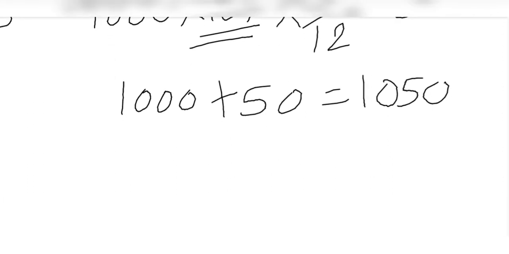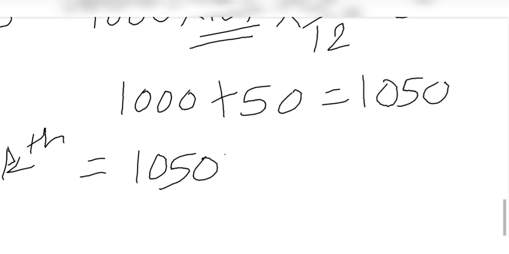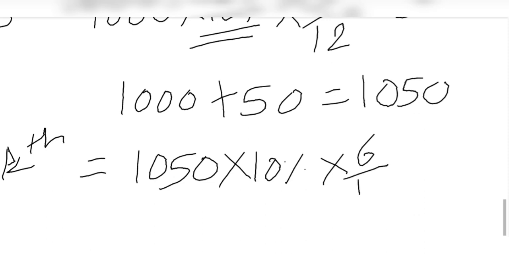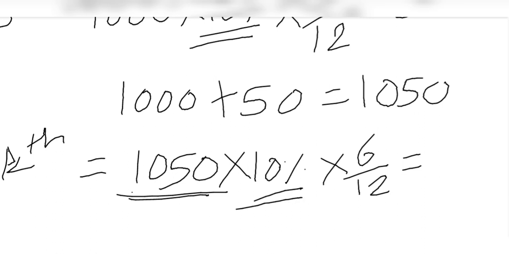For the end of the first year, or 12th month, interest is 1050 into 10% into 6 divided by 12. This is the opening balance for the 7th month, and 10% is for a full year, but here we receive interest from the 7th month to the 12th month.